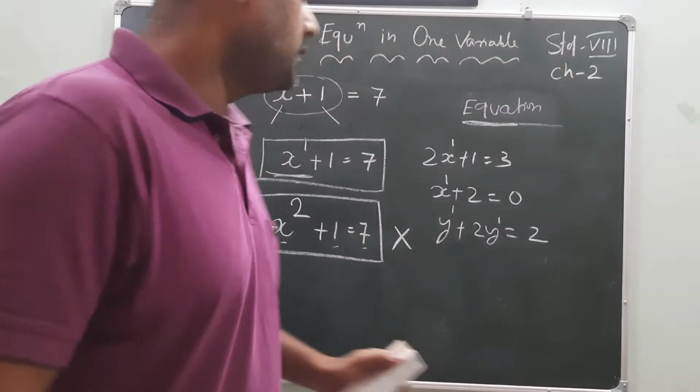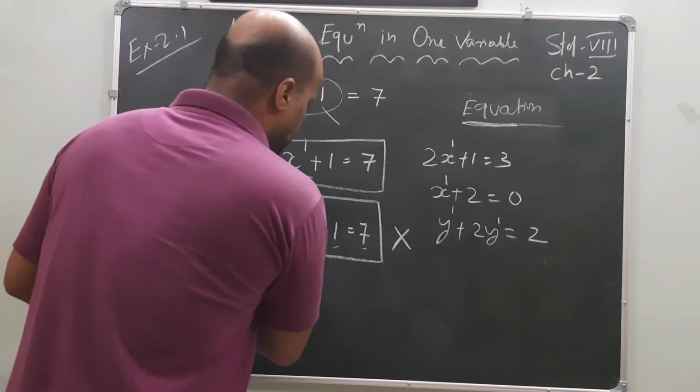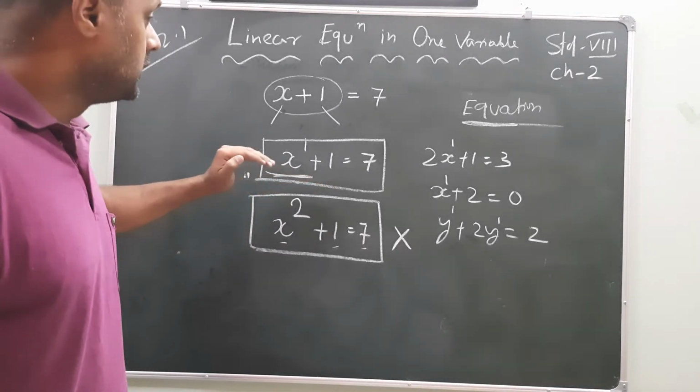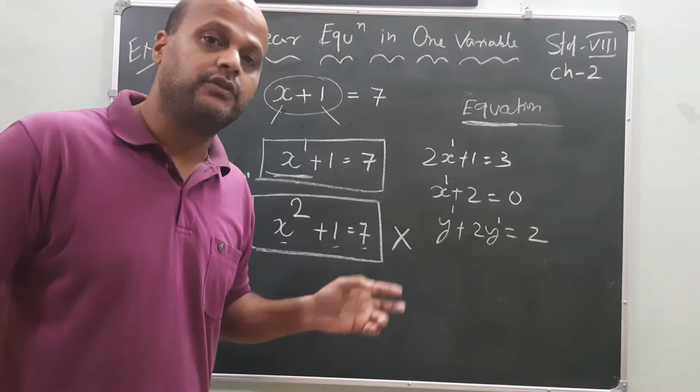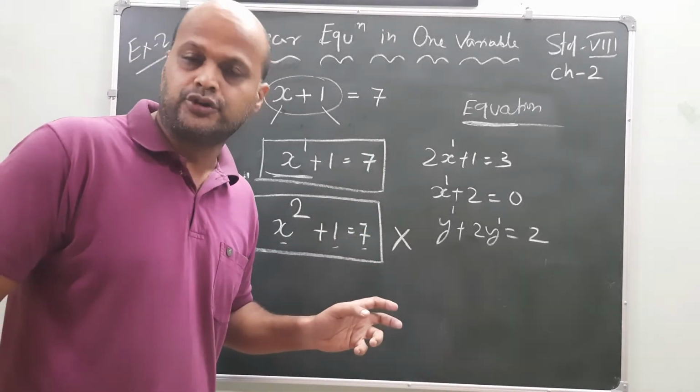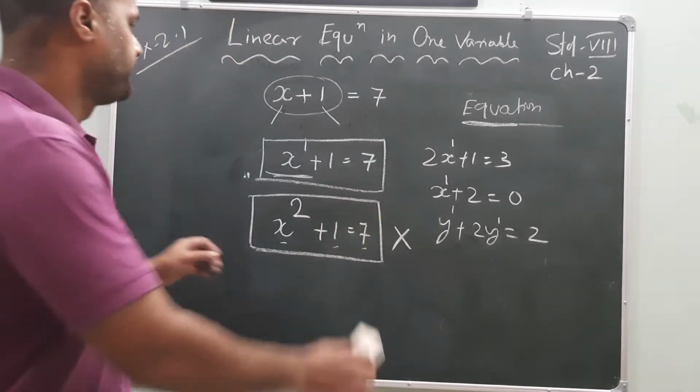Now remember that. What if the variable is on both sides? Is it possible to form an equation? Let's see.